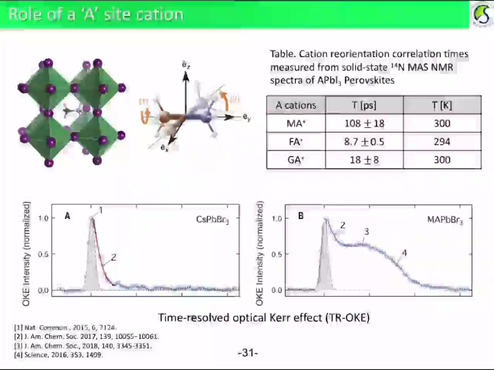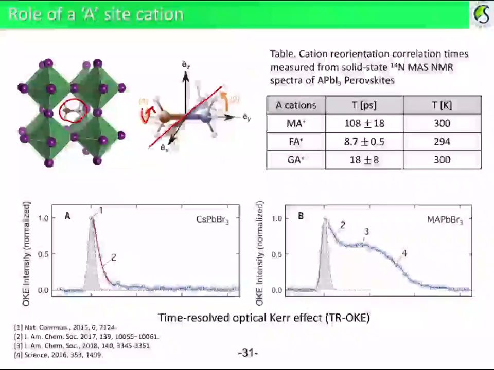In addition to the structural stability, recently it was found that the central A cation has a crucial role in determining the optoelectronic properties of the perovskite materials. As you see in this figure, the central A cation in the octahedral cage can freely rotate because of the weak hydrogen bonding with the surrounding PbI6 octahedra.